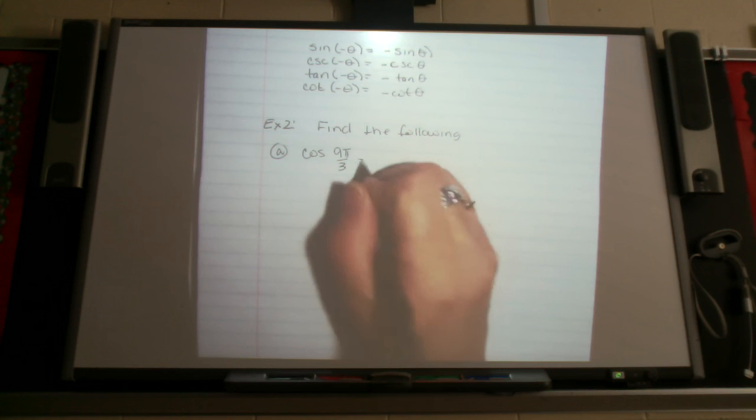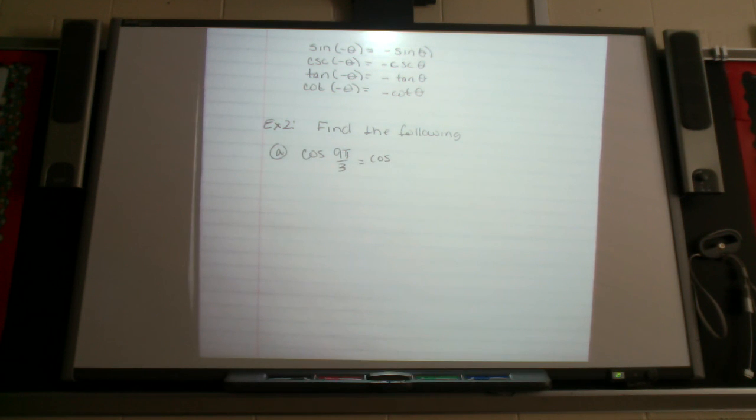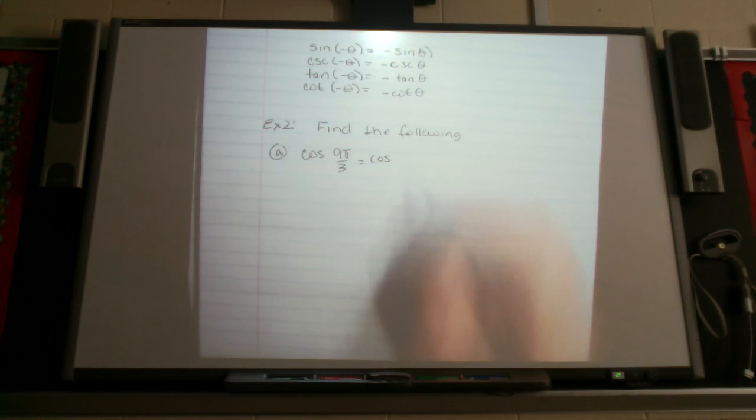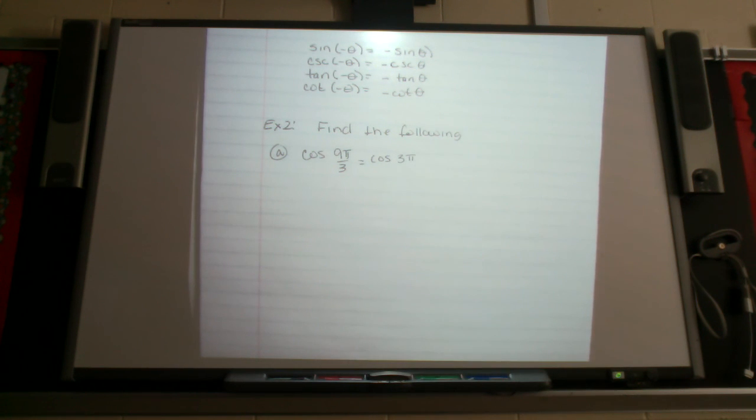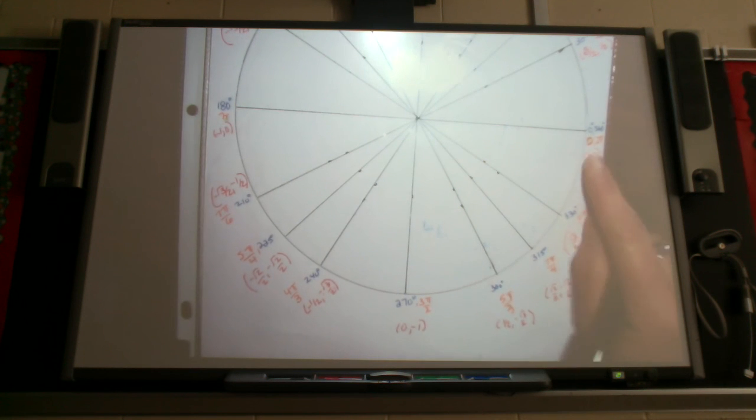Pi over 3 is the same as what? 3 pi. 3 pi is not in a unit circle. We stop at 2 pi.